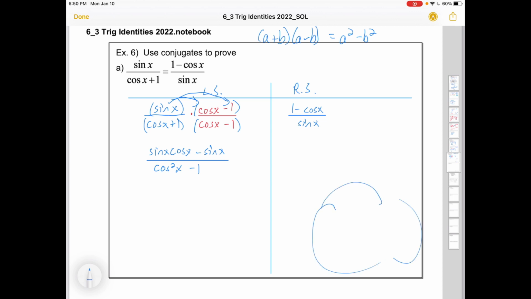I'm just going to go over here and think about the identity that I know, which is this. What if I could move that 1 to the other side and move the sine squared over here? Oh, so cos squared x minus 1 apparently equals negative sine squared x, which is not that helpful.